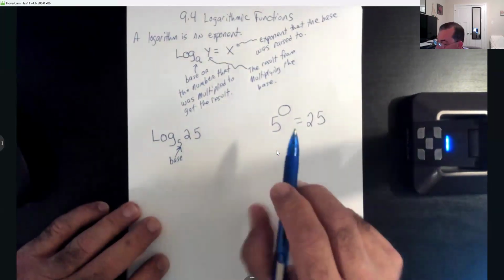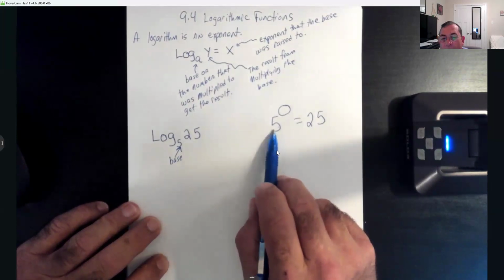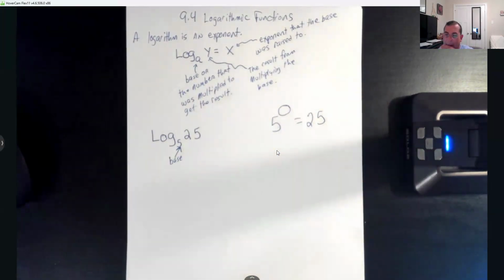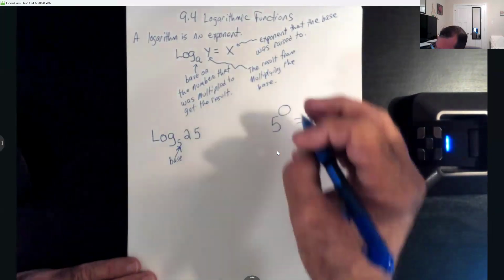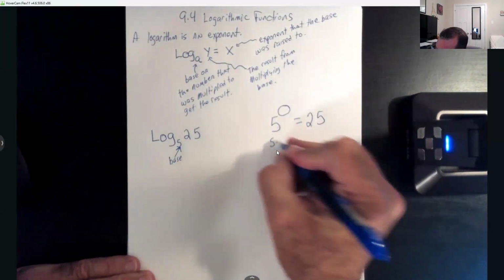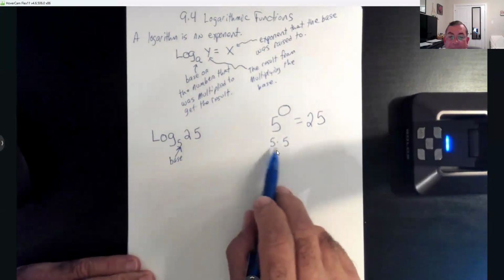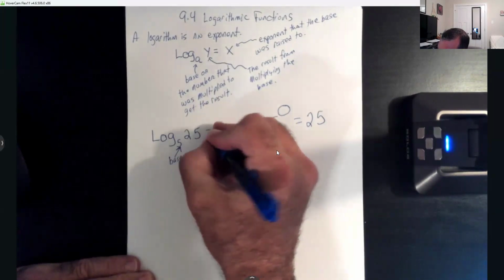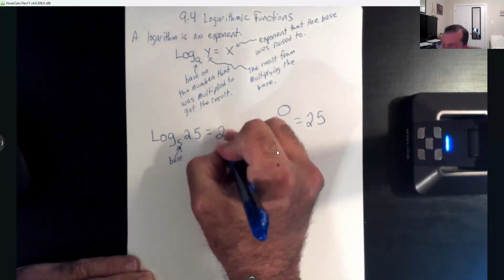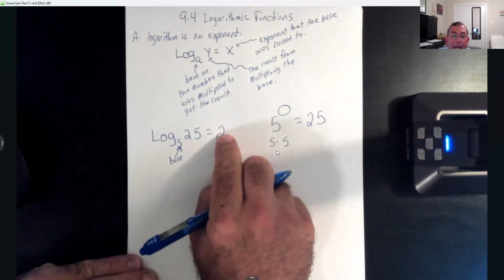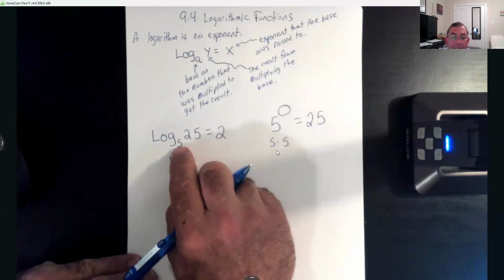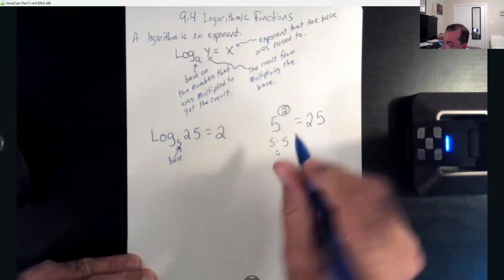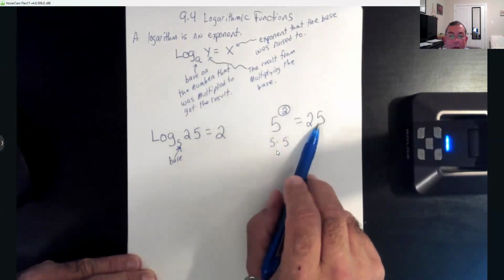So my question is, how many times are you going to multiply 5 times itself to get a 25? Then y'all, if you start multiplying it out, well, y'all, 5 times 5 is 25. So this logarithm would give me an answer of 2. 2 is the exponent that I would raise this 5 to equal 25. Right? 5 squared is 25.